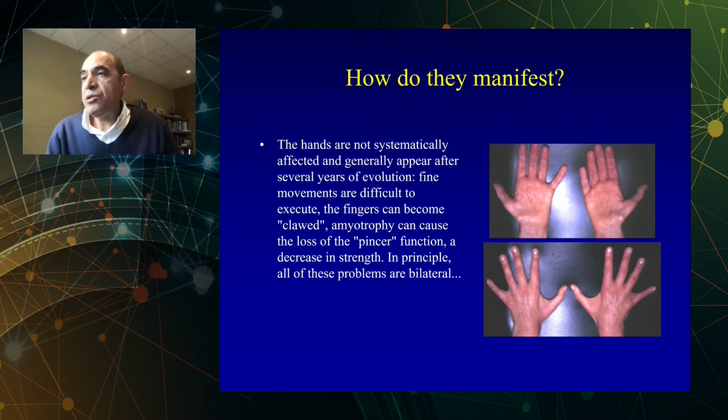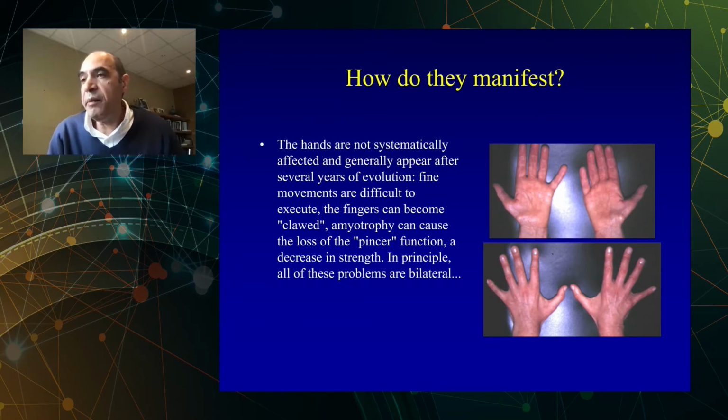The hands are not systematically affected, and generally the weakness appears after several years of evolution. Fine movements become difficult to execute.